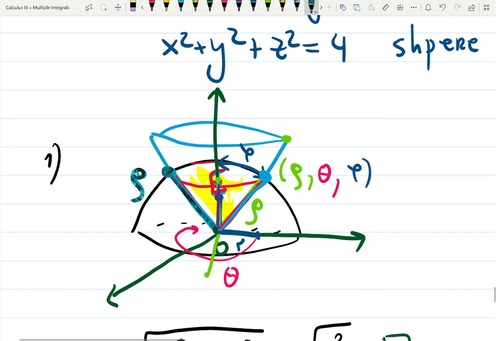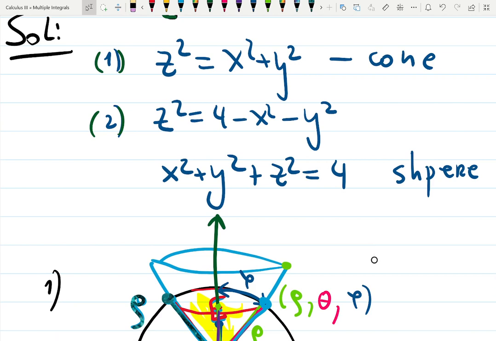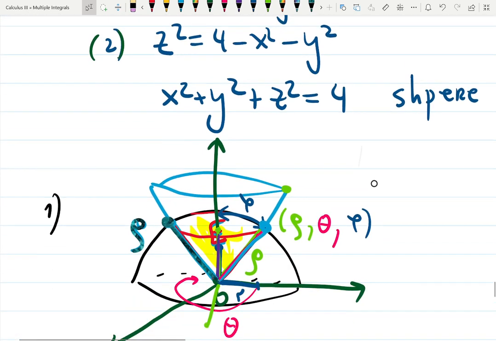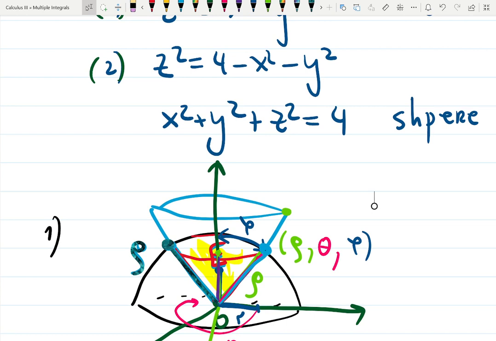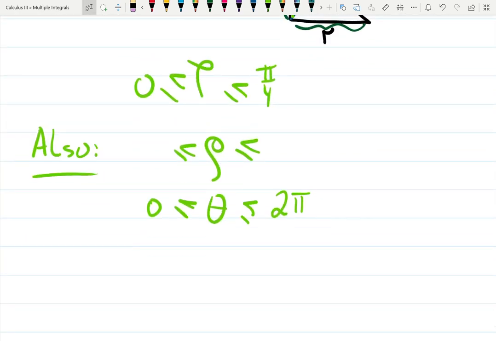The intersection comes from, when do they meet? Well, they meet at the sphere, right? What radius does the sphere have? 2 squared. So since the radius of the hemisphere is 2, then we know it cannot go higher than 2. So it's from 0 to 2. From 0 to 2.